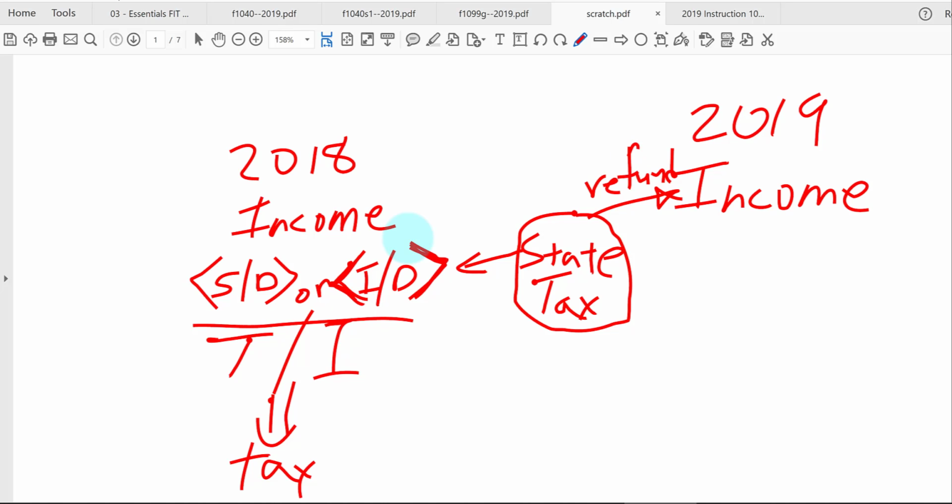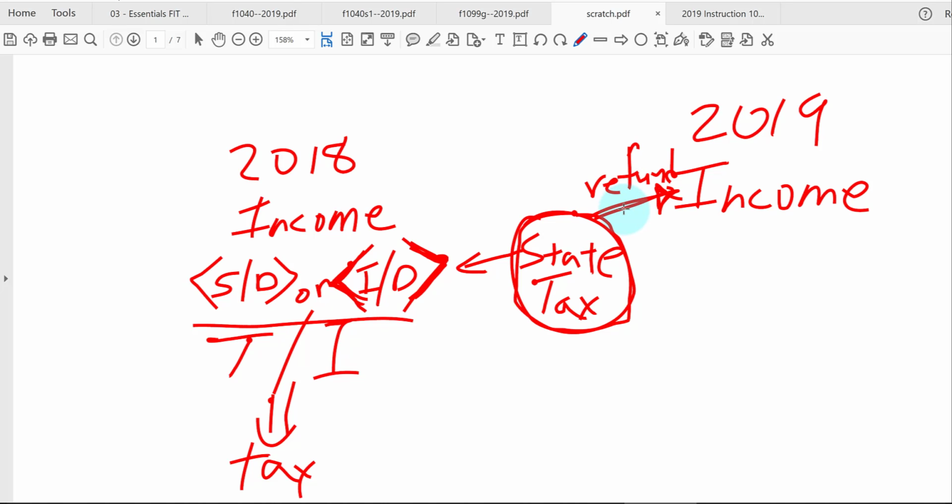Because you deducted it in the prior year, you got what we call a tax benefit of paying the state income taxes. Now, if you get a refund, that amount has to be reported as income. There may be some exceptions that reduce the amount of taxable refund.